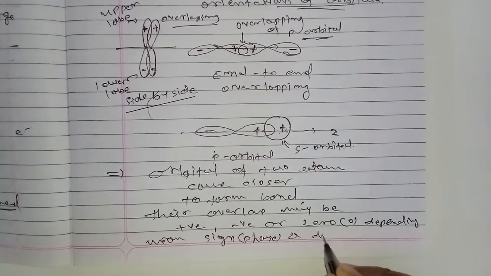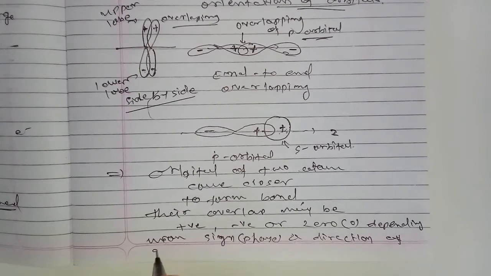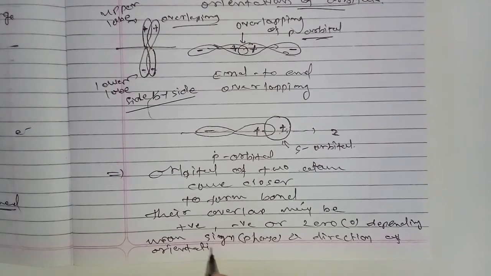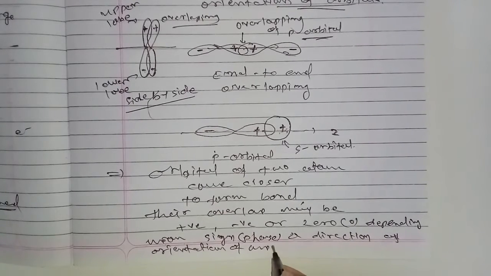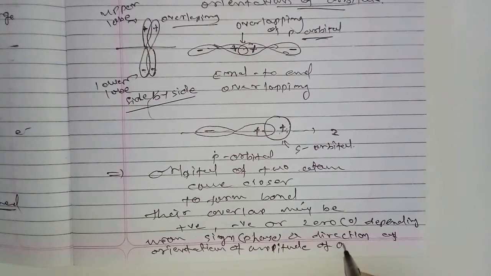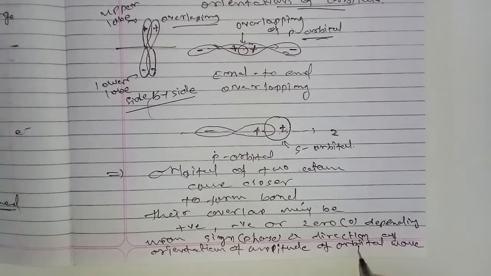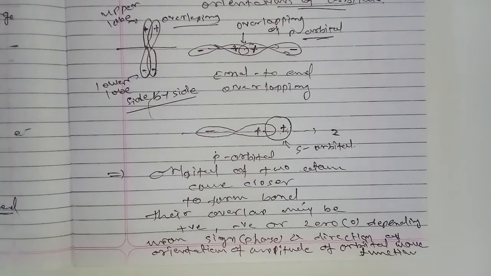Now another word, that is phase: the direction of orientation of the amplitude of the orbital wave function in space.